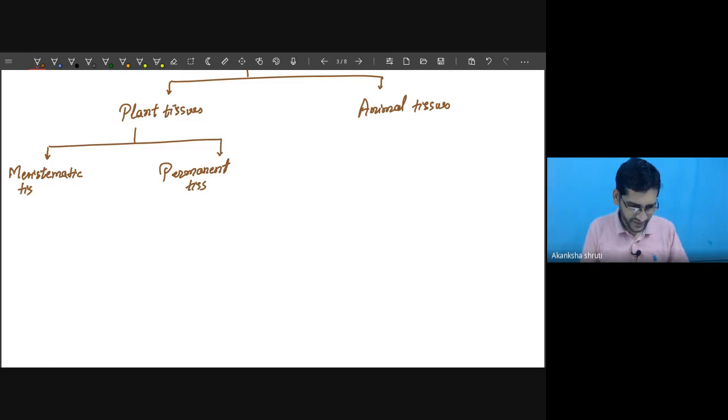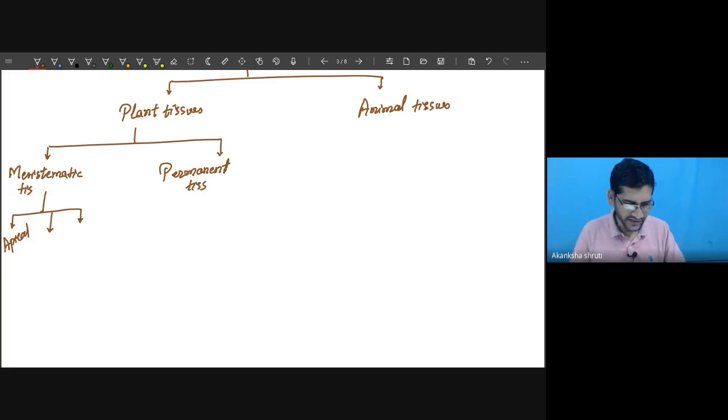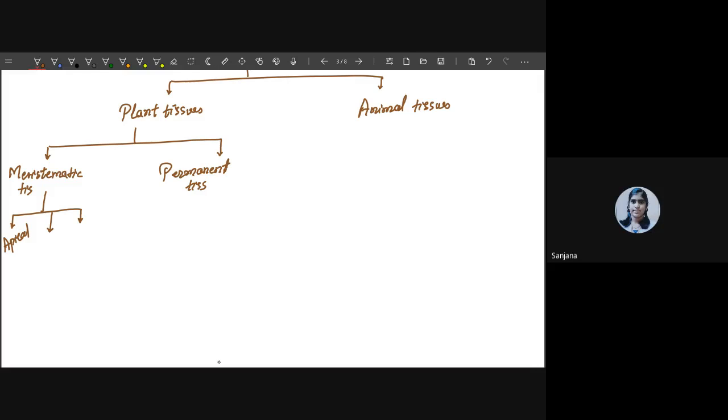Further, the meristematic can be classified into three groups. One is called apical. The next one is called intercalary.